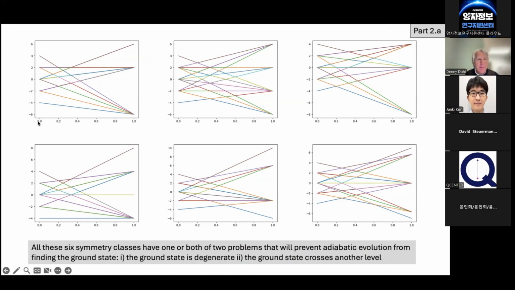Then as time progresses from 0 to 1, we interpolate linearly between a simple beginning Hamiltonian and a more complicated final one. So these 6 graphs correspond to the 6 symmetry classes that I showed you on the last slide. So this is S1, S2, S3, S4, S5, and S6.